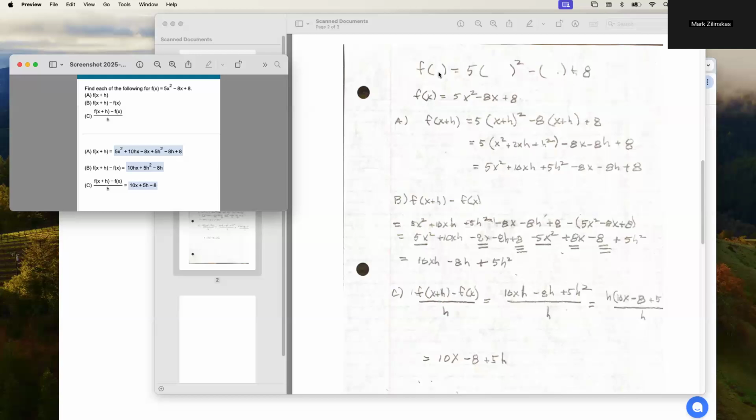Okay, so that would make up the unique ordered pair for that particular x. So if I put in here a 2, I simplify all this over here, and whatever it simplifies to, what would that be? 5 times 4, which would be 20, minus 2, which would be 18, and another 8 would be 26. So, that would be like the point (2, 26). Okay.